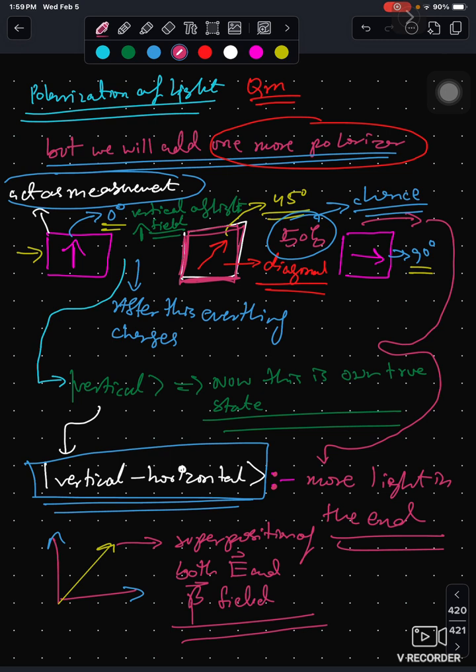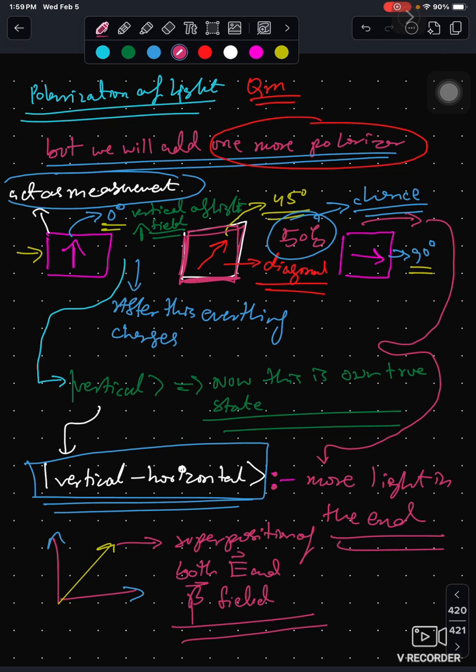Then, instead of something else happening, what we saw is that light turned into a superposition of both horizontal and vertical, and that superposition caused the end result after it passed through the horizontal to have a 50-50 chance of us having light and no light.